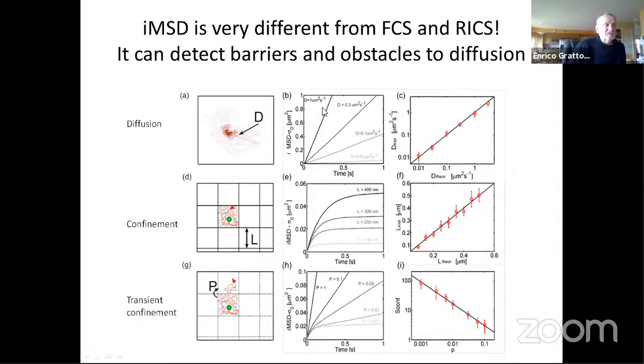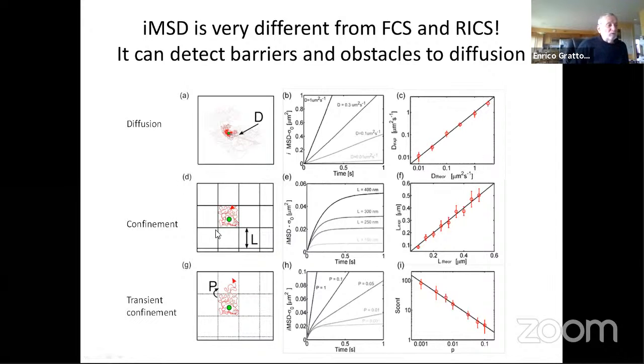So the faster the diffusion coefficient, per equal amount of time the particle will go farther. This is measured in micrometer square, and that over time, micrometer square per second, is a diffusion. And there are many experiments that show that this works, and this is the simulations versus the theoretical values, and they are one-to-one.